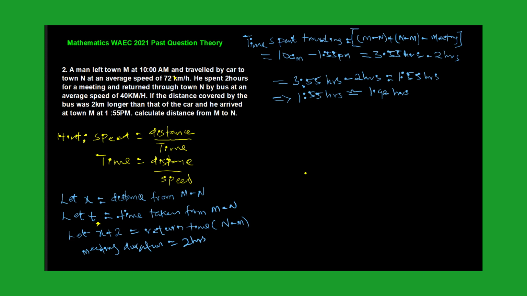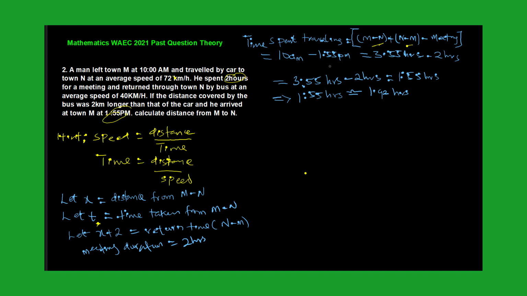So let's calculate the total time for traveling. The total time for traveling will be point M to N plus point N to M, minus meeting duration. The man left town M at 10 a.m., spent 2 hours in the meeting, and returned back to town M by 1:55 p.m. So from 10 a.m. to 1:55 p.m., how many hours do we have?